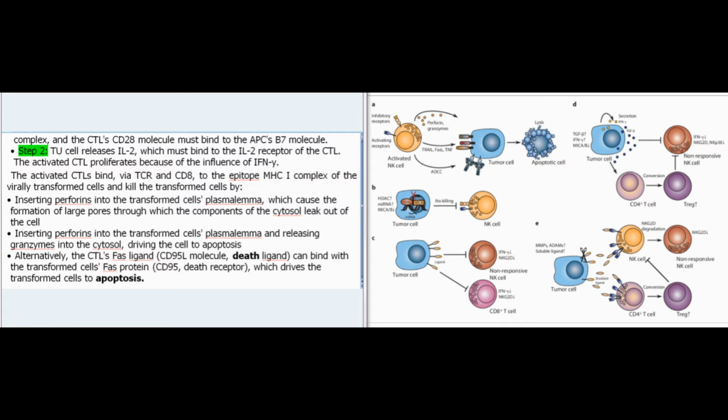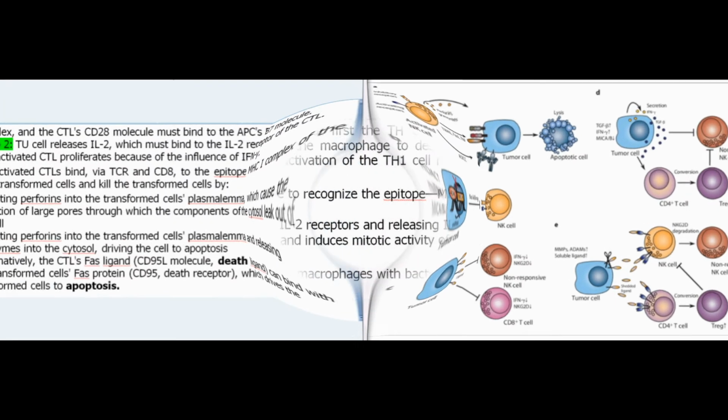Alternatively, the CTL's Fas ligand, CD95L molecule, death ligand, can bind with the transformed cell's Fas protein, CD95, death receptor, which drives the transformed cells to apoptosis.